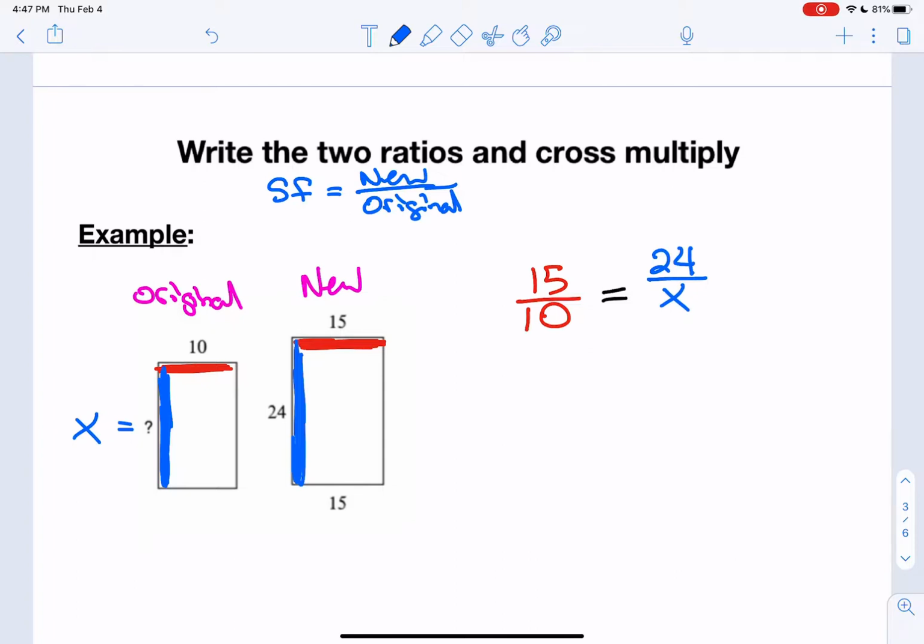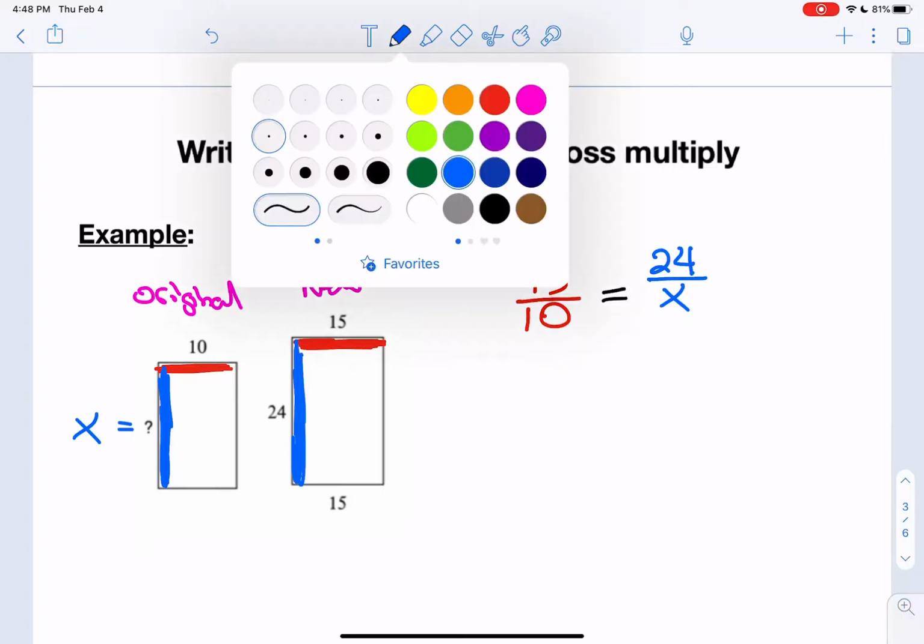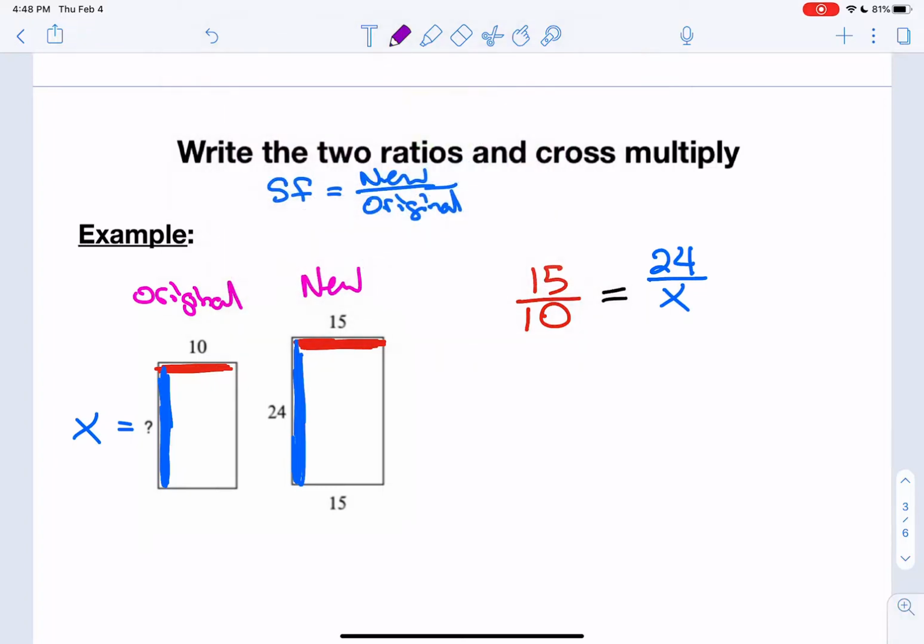And the scale factor has to be the same for all sides, so that means 15 over 10 has to equal 24 divided by whatever x is. They have to equal each other because it has to be the same scale factor. Now, how do we cross multiply? Well, once we have our two ratios set up, we can cross multiply by multiplying the numbers across from each other.